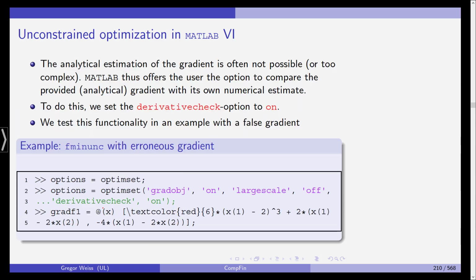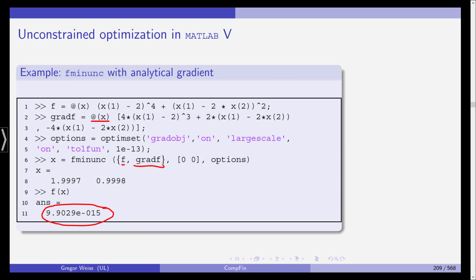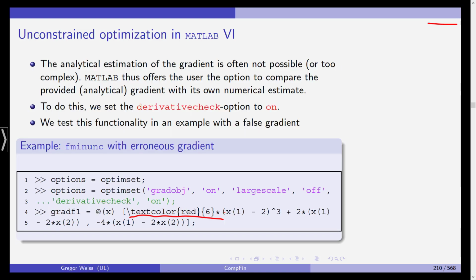Now, what we can do is use the derivative check option. Unfortunately there's a typo here in LaTeX, it should simply be 6 times x1. So instead of saying 4 times x1, we are saying 6 times x1.